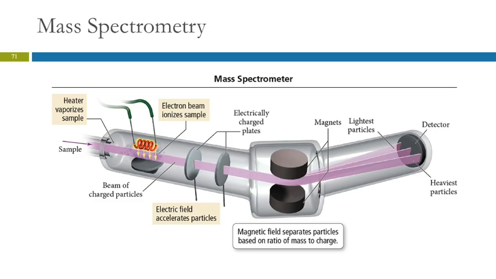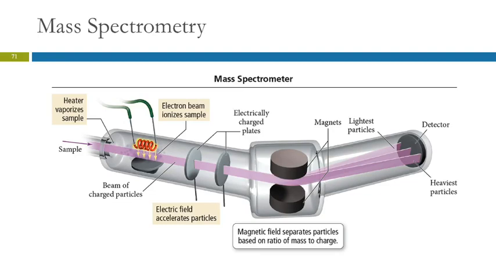So a big heavy particle is not going to get bent very much by this magnetic field. A light particle is going to be pushed over a lot. And so this magnetic field separates the particles based on their masses. And then we have a detector here that gives a signal when the particles hit.